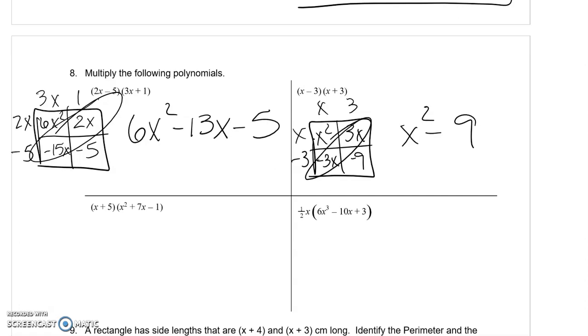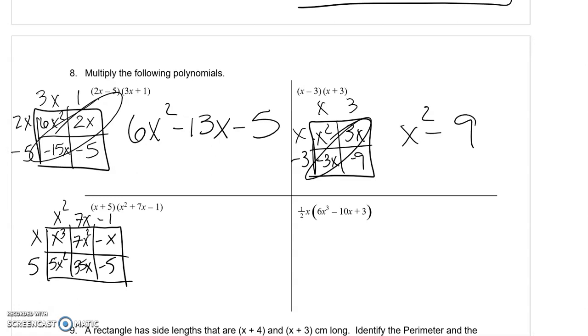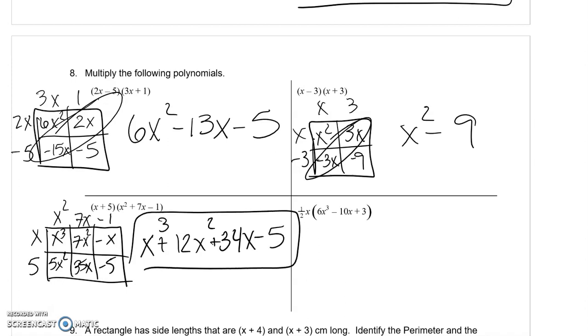I'm going to fill in the boxes for the rest, so give me 1 sec, I'll be right back. Alright, computer magic, boxes are filled in, combining like terms, x cubed plus 12x squared plus 34x, so minus x right there, minus 5. For that third one.